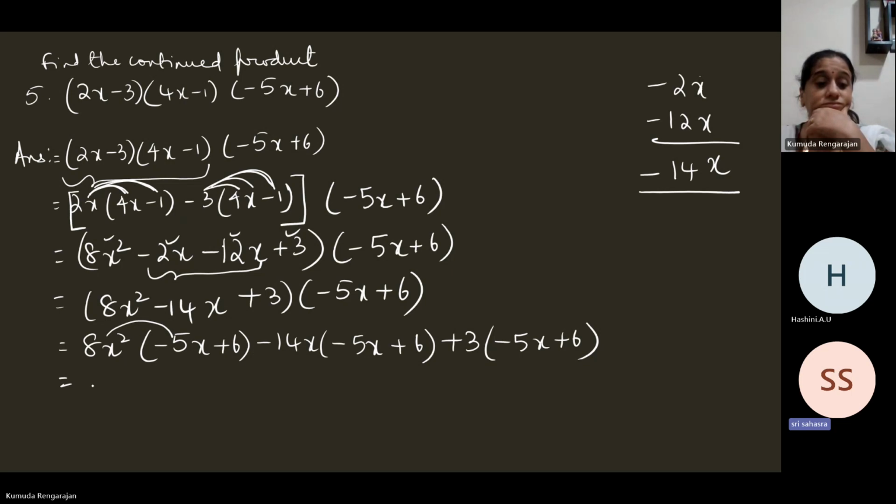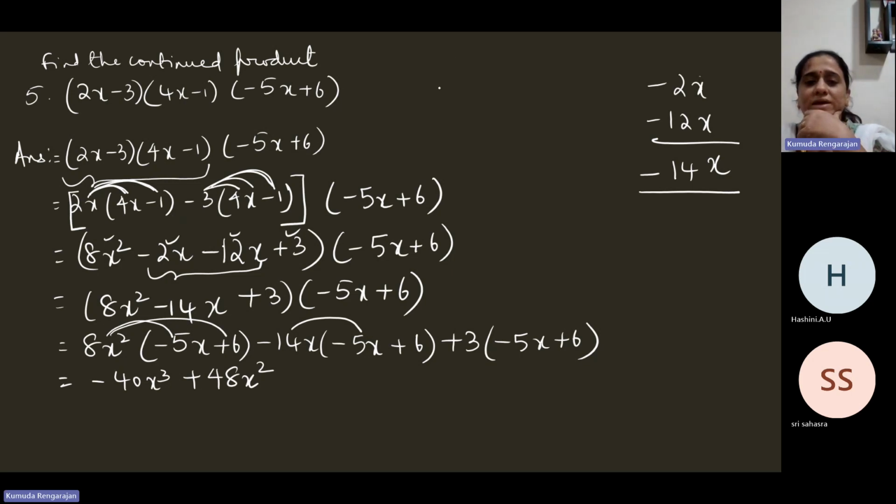40x cube, minus 40x cube, plus 48x squared. What are you multiplying? Minus 14x and minus 5x, right? Minus into minus is plus, 14 into 5 is 70x squared.